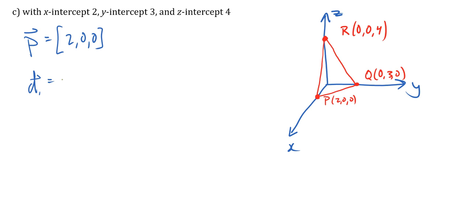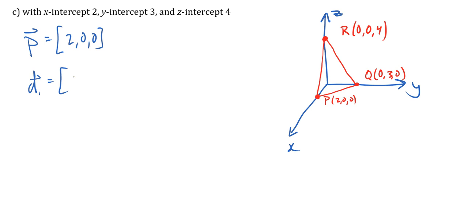And my first direction vector, if I chose PQ, now it doesn't matter what order you do because the direction won't matter. So if you get it backwards, this is still going to work. But if I do PQ, we subtract backwards, so that's actually Q minus P.